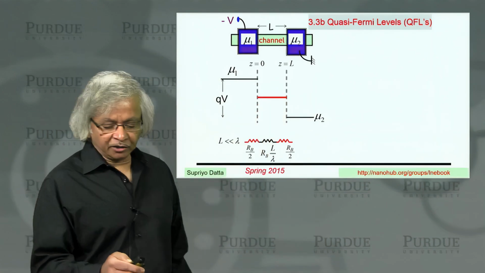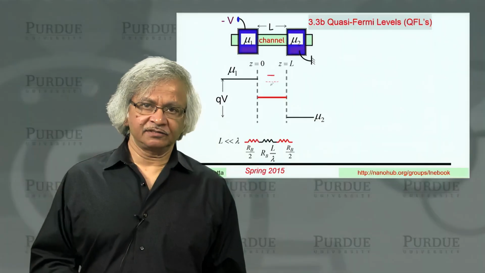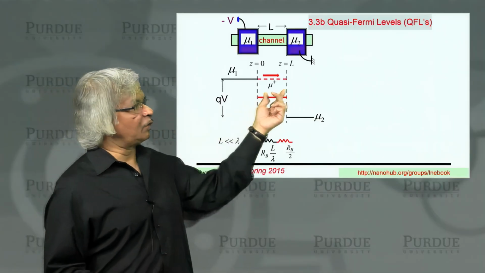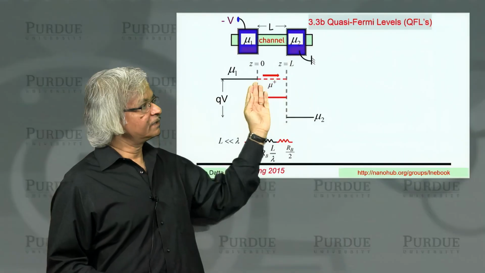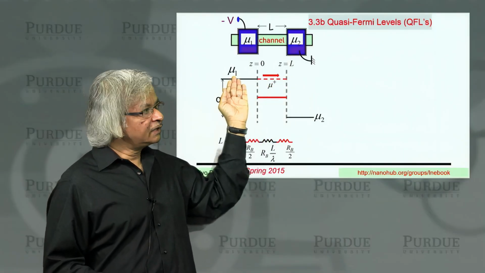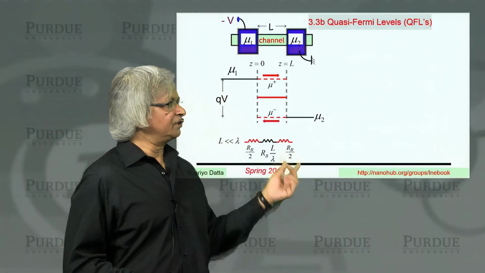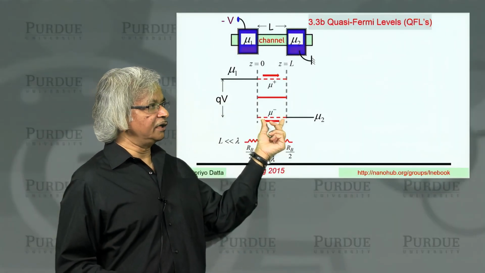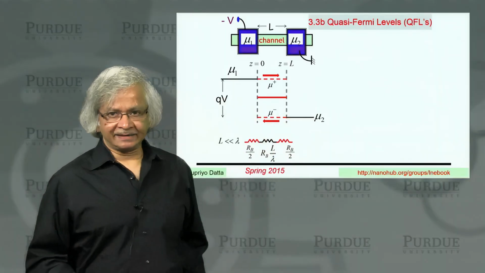Now, what we'd like to argue is that actually there are these 2 separate quasi-Fermi levels. The quasi-Fermi level for right-moving electrons would be up here, connecting up with mu 1, and the quasi-Fermi level for left-moving electrons would be down here, lining up with mu 2. The question is, why is that?